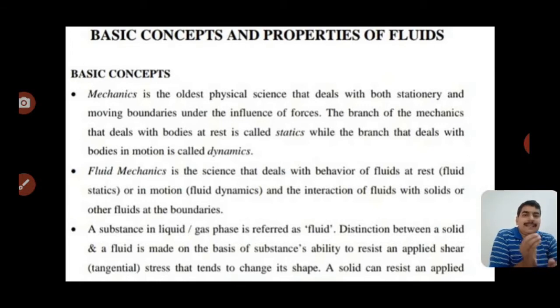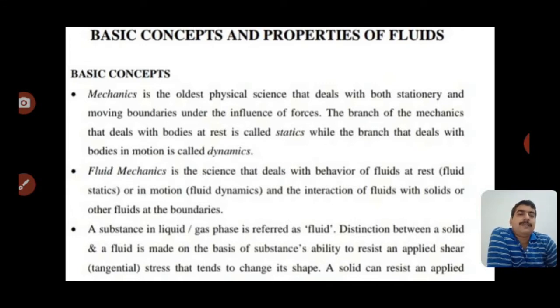Fluid in static condition is called fluid statics, and the study of fluid in motion is called fluid dynamics. These are the major branches, discussing the dynamic properties and static properties of the fluid.